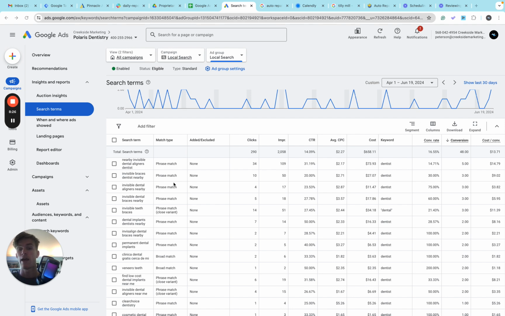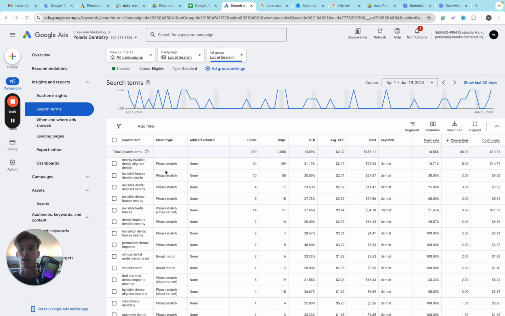Additionally, if you are seeing everything as phrase match and you don't really have any broad match types showing up that you can add as a search term or as a keyword to your ad groups, you're more than welcome to look through the match types that have phrase match to see if there are possibly some search terms that don't line up very close with your keywords that you would like to add to your ad group.